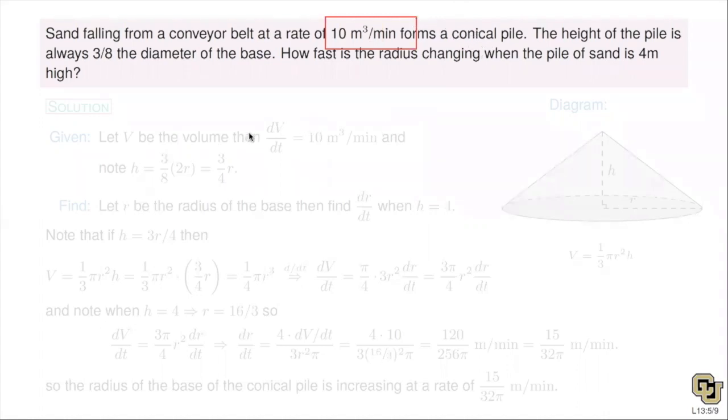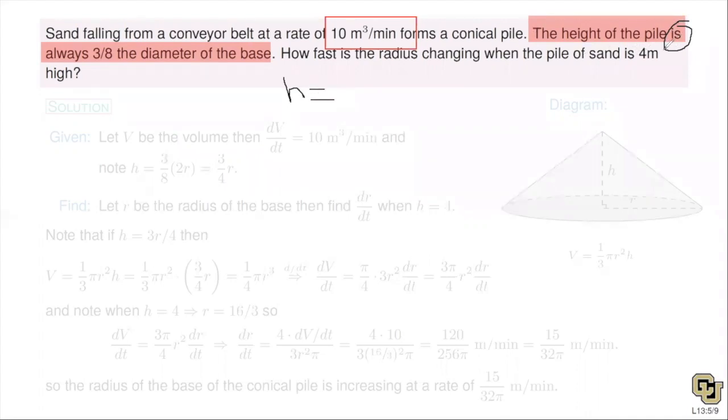I'm thinking about how we convert all of this into English sentences. And then there's another very interesting statement here. They say the height of the pile is always 3/8 the diameter of the base. Let me convert this into an English sentence. If I'm going to refer to the height of the pile as h, I write down the letter h, is, that's an equal symbol.